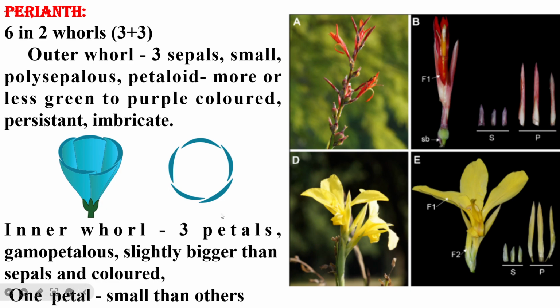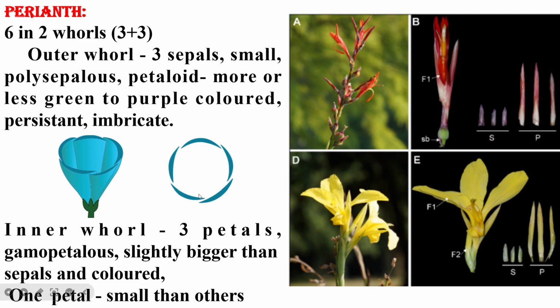Then aestivation is imbricate. Here, what is aestivation? The arrangement of sepals and petals in the bud condition. Here, the imbricate aestivation means the sepals or petals overlapping one another in an irregular manner.